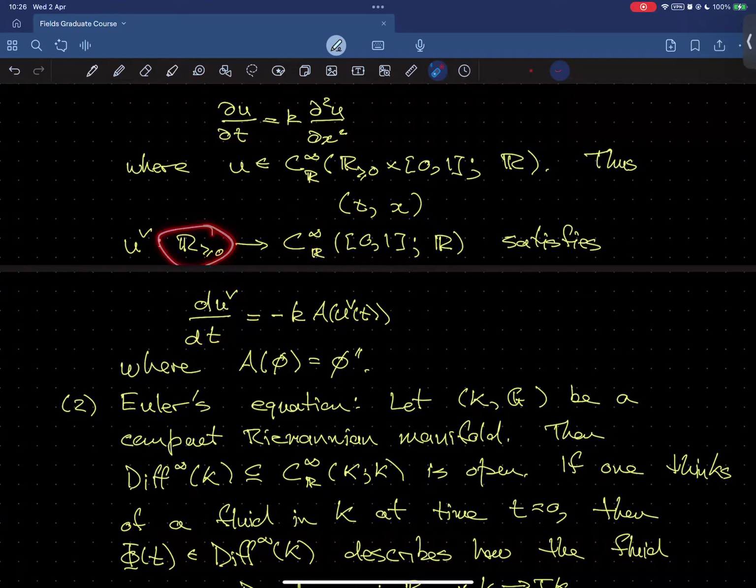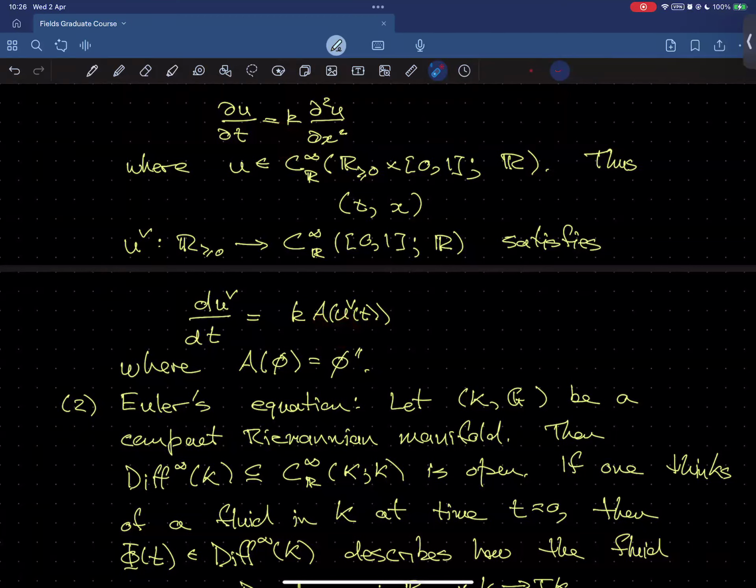So this is a curve, right? Then, right, so that corresponds to this one. Okay, and then, sorry, I put that minus sign there. And that is equal to my k, and then I have a of u check.